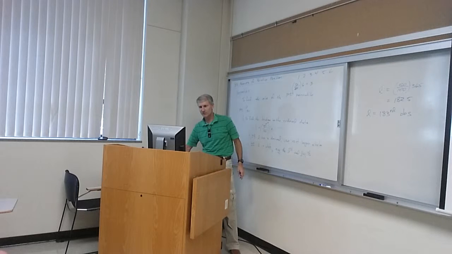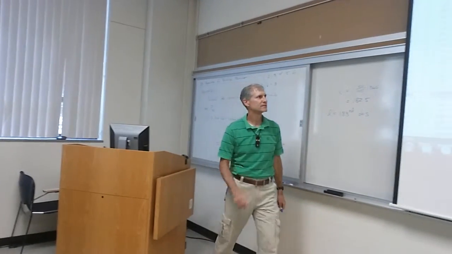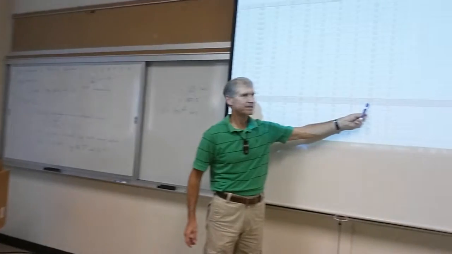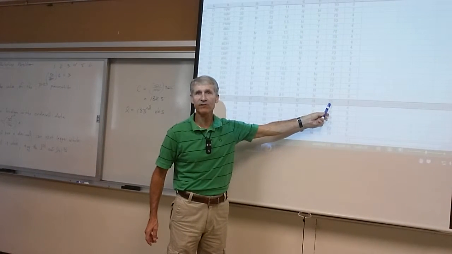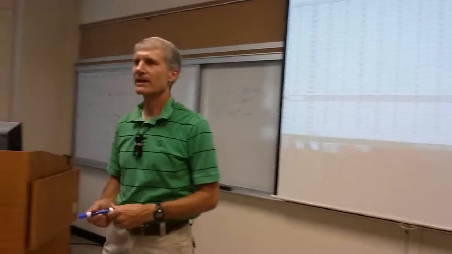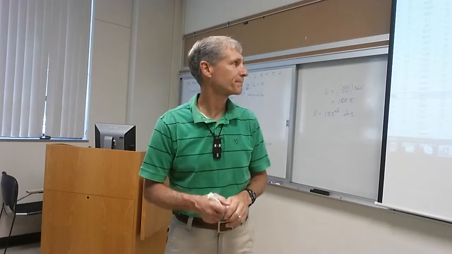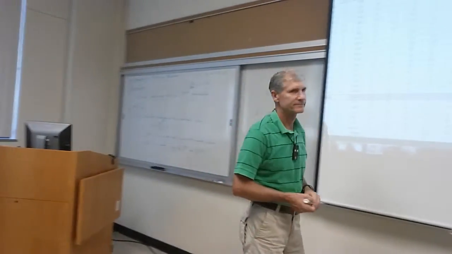So I'll scroll down to row number 184. There it is, and it is 72. So the 50th percentile is 72. The software had already told us that, so we knew what answer we were shooting for. That's pretty easy.